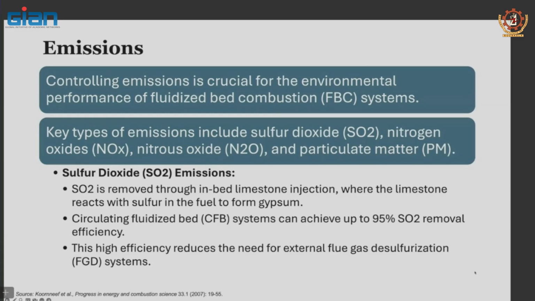So emission controls, as I mentioned, it is crucial that we control three sources of emission. Talked about sulfur oxides, why it is. If you don't control it, it will come back in the form of sulfuric acid, horrible for the environment.